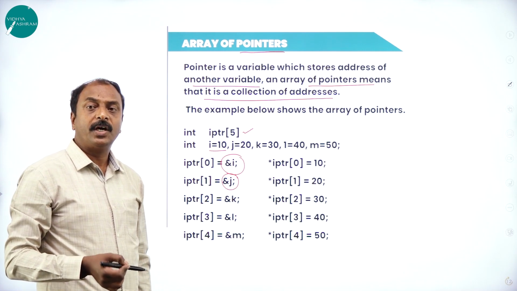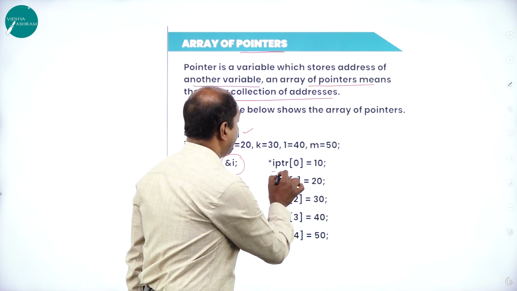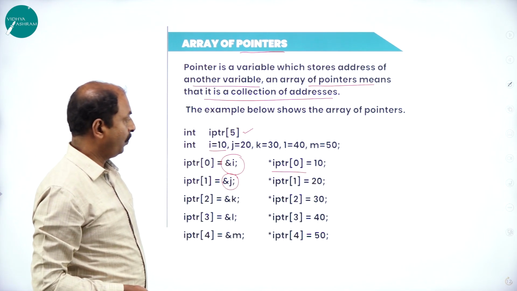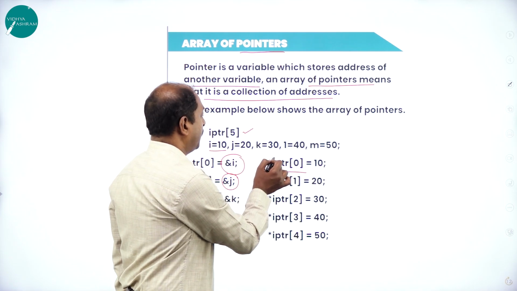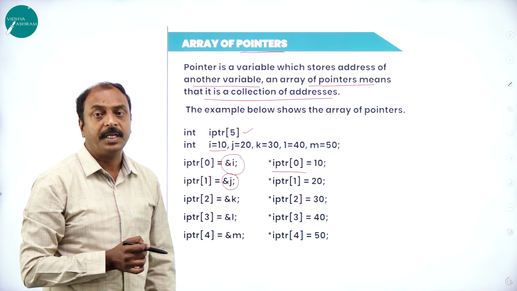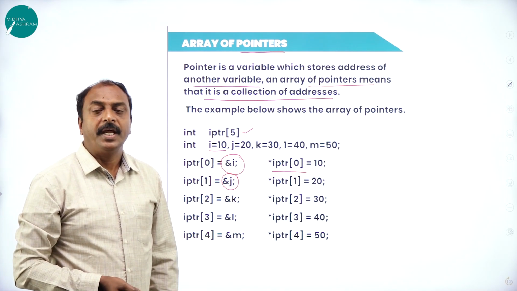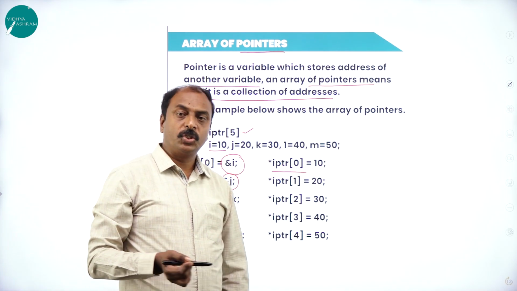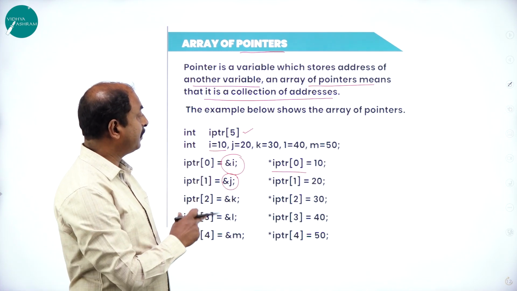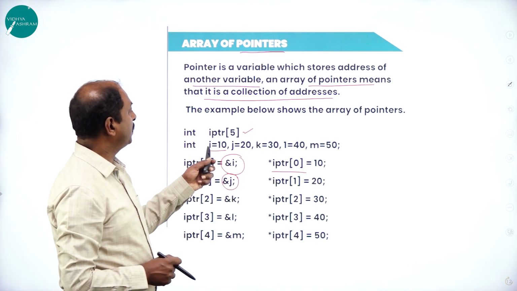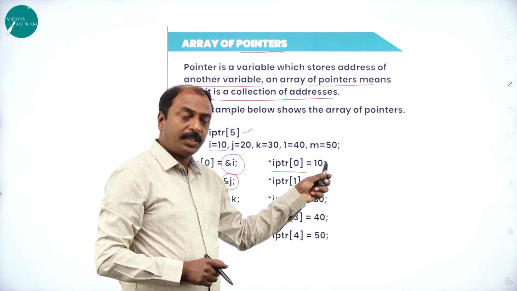Star iptr, or asterisk iptr, is the reverse operator or dereference operator. It displays the content of the variable, so in the first index it stores the value 10.